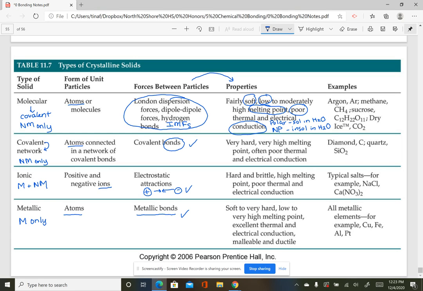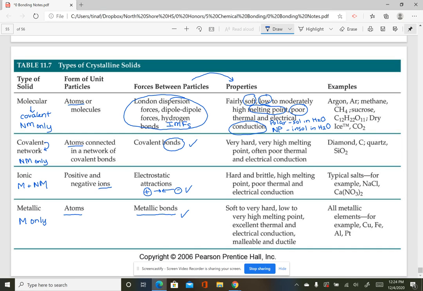So again, this is something that we're going to talk about again in another unit. But water is polar. It has a positive and a negative side. And in order to dissolve in water, you have to be like water. You have to be similar to water. You also have to be polar. So for molecular compounds, their solubility depends on whether or not they're polar. Okay.